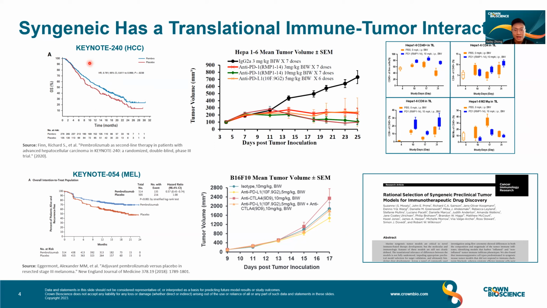And some mouse melanoma models, like B16F10, do not respond well to immunotherapy, but humans do. By this, we will ask why we are using mouse model to do immunotherapy development.